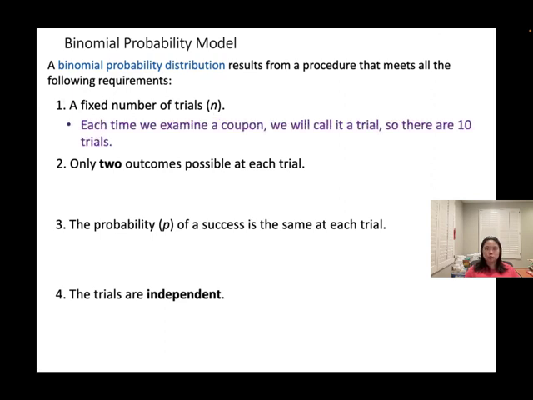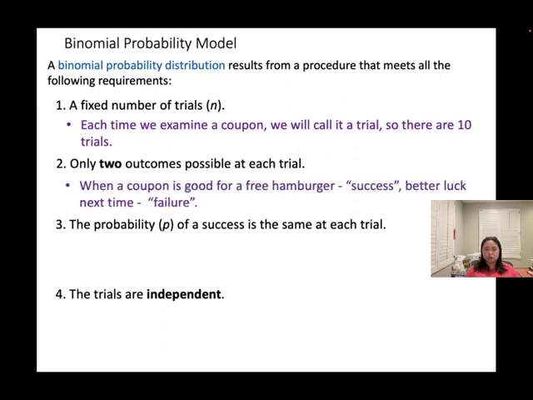Each time we examine a coupon, we will call it a trial. So there are 10 trials. Remember, we have 10 people going to the restaurant, so we got 10 coupons. So n will be equal to 10. Only 2 outcomes possible at each trial.